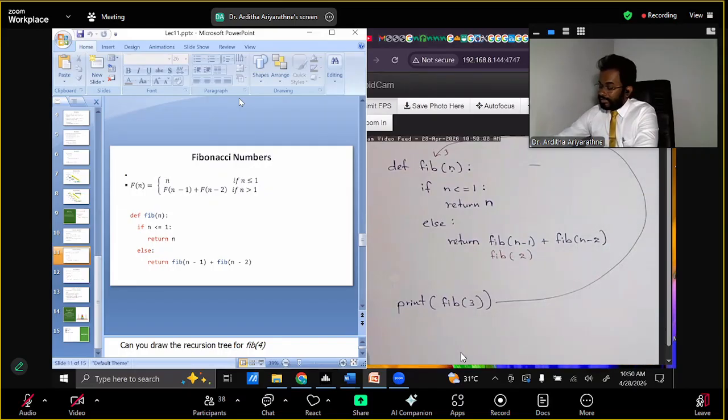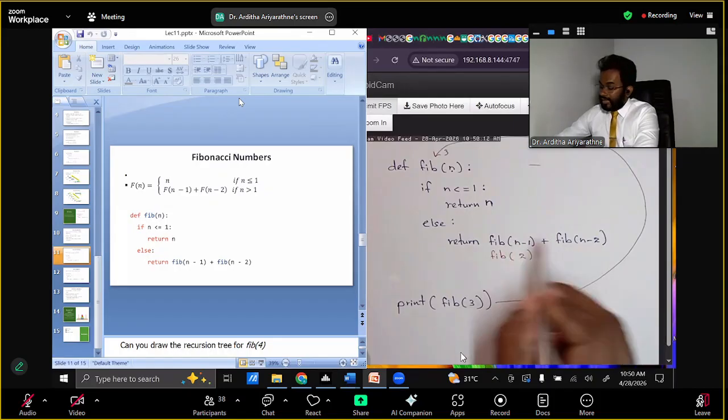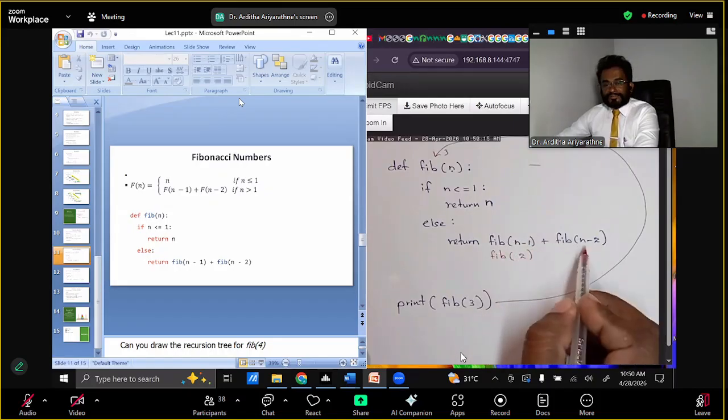Then what happens? Now we have two function calls.